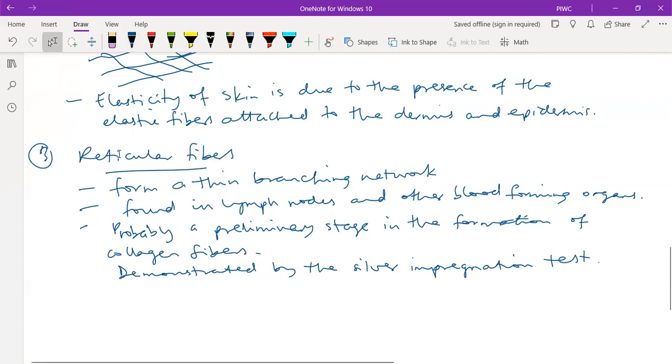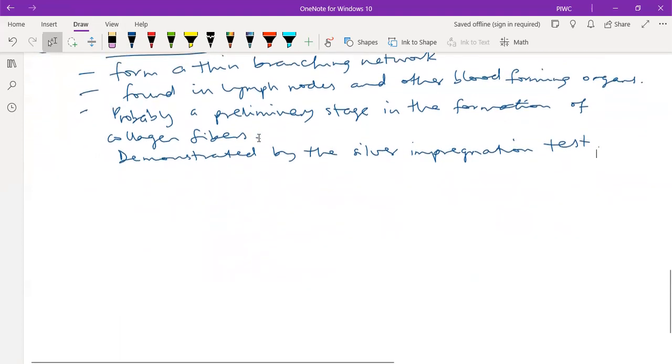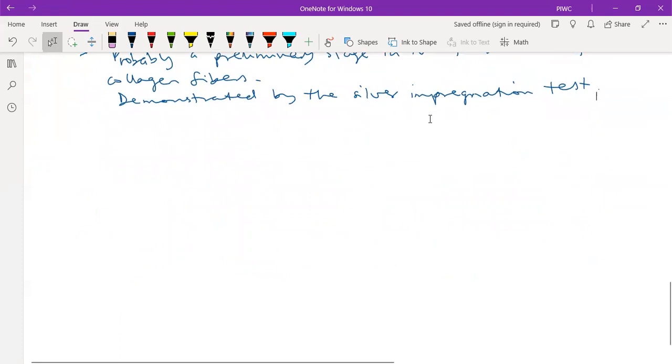Now, these are the fibers. We've spoken about 3 types of fibers: the collagen fibers, elastic fibers, and then the reticular fibers. Now, what are the cells that are found in the connective tissues?